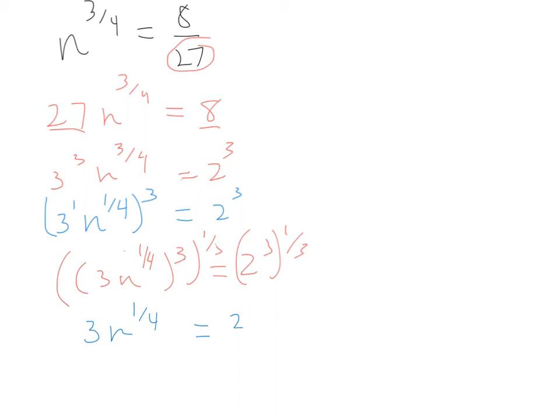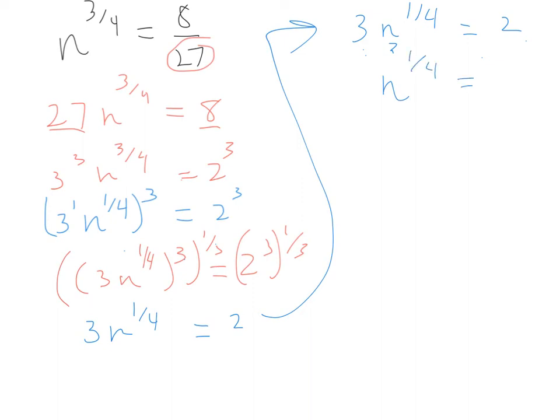So now from there, we'll write that again, 3n to the power of 1 over 4 equals 2. We're solving for n, so we're going to divide both sides by 3 to make this n to the power of 1 over 4 equals 2 over 3.